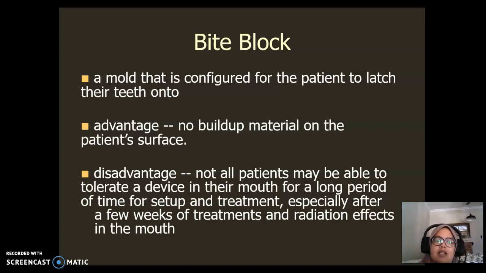But one of the disadvantages is that it will be inside the patient's mouth, so not all patients might tolerate having it there for a long period of time, around 25 to 30 minutes. There might be a gagging reflex. And after like 10 or 15 fractions, you will start to see the late side effects, especially in the mouth area, so it might be quite painful for the patient to maintain the bite block inside the mouth with the late side effects already there.